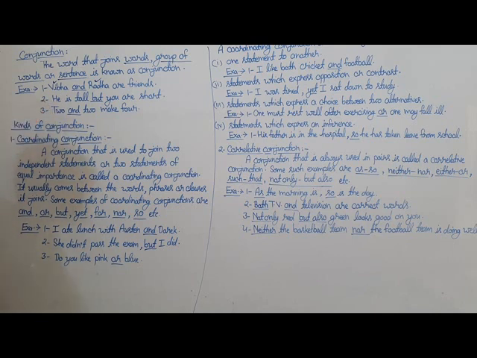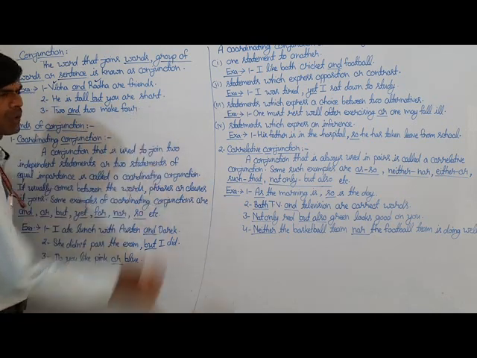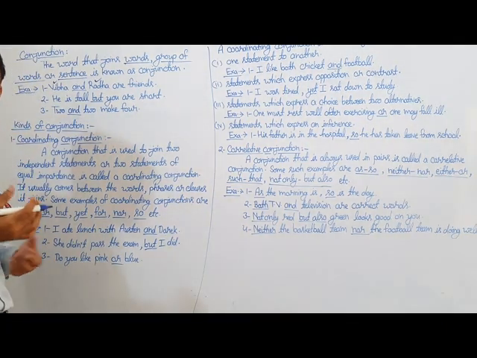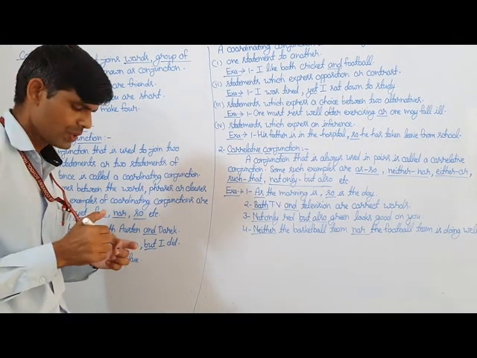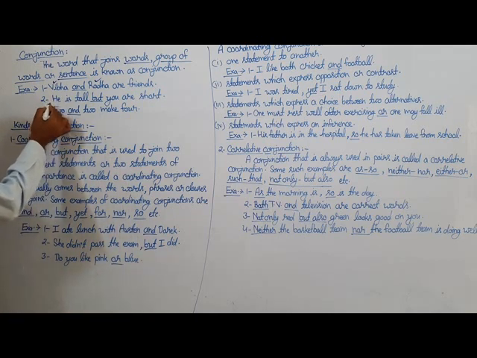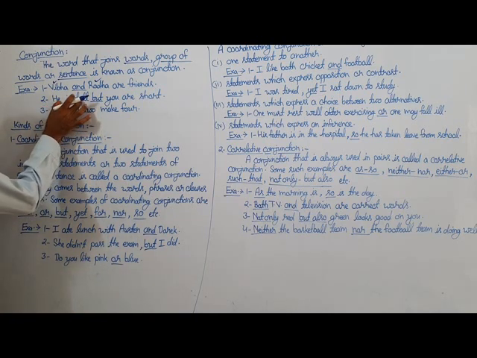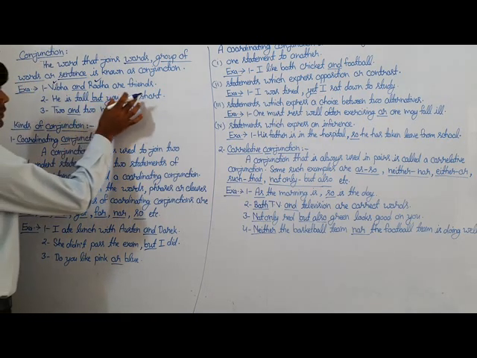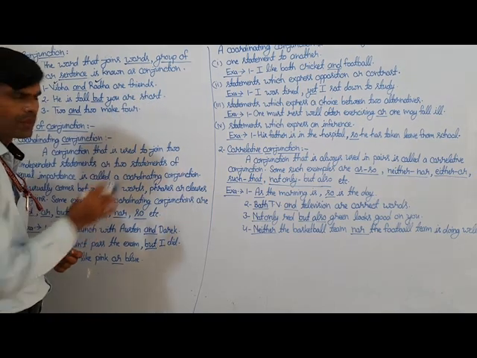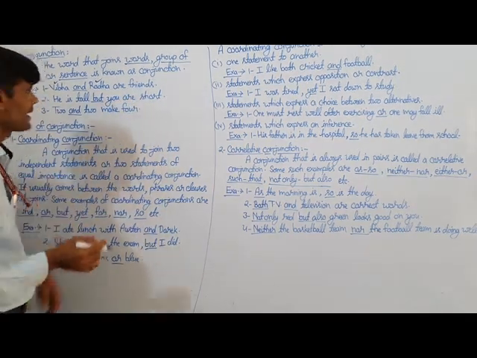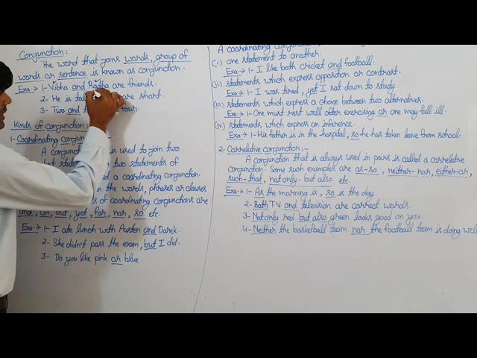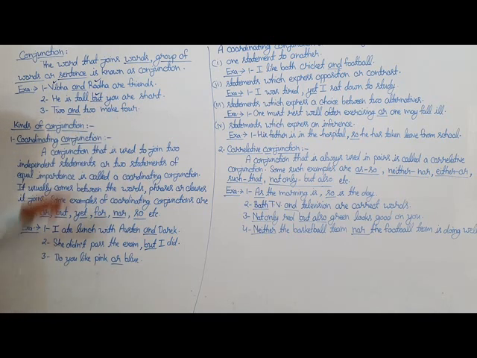Here is the second example, and that is: He is tall but you are short. Here in the second sentence, "he is tall" is a sentence and "you are short" is also a sentence, and they are connected with each other by the conjunction "but".